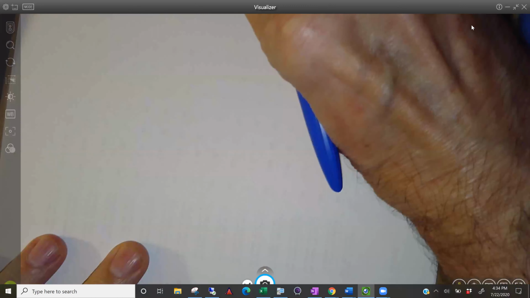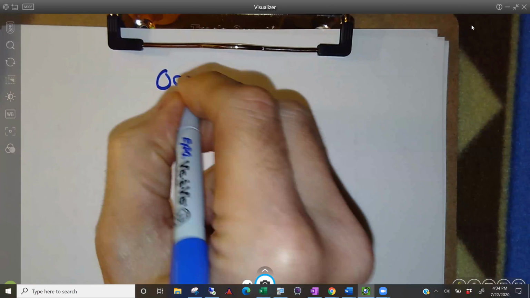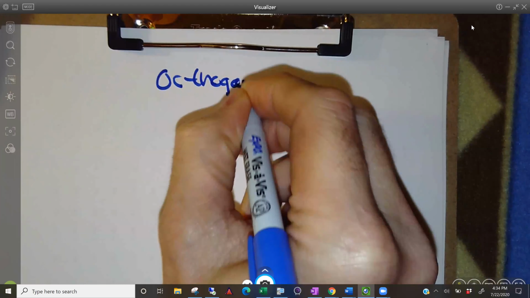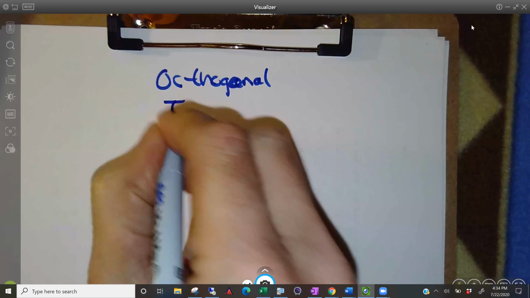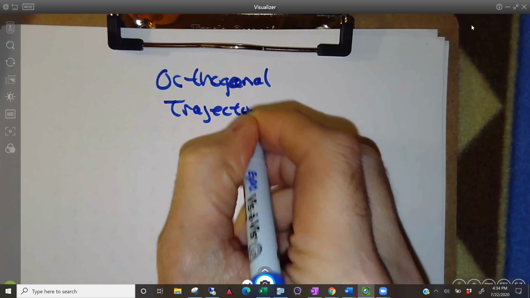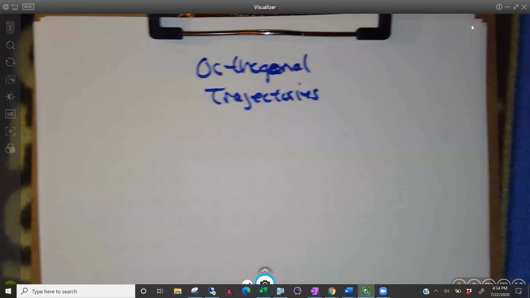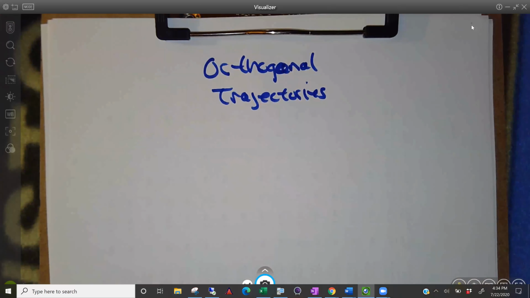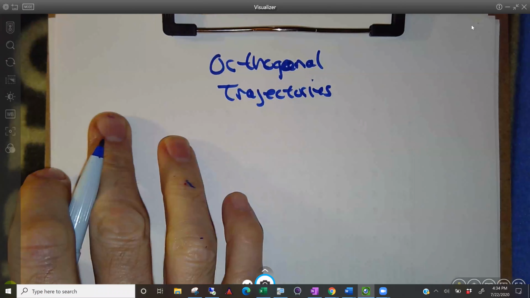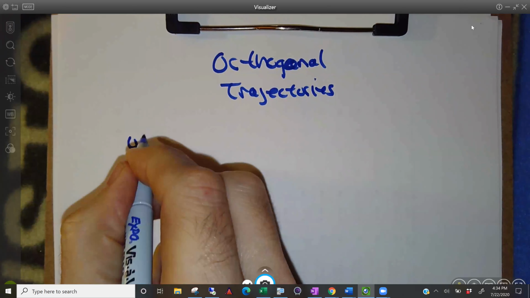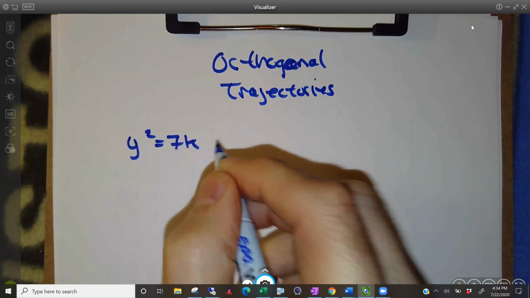All right. Let's knock off this one. Orthogonal trajectories. We're going to start out with y squared equals 7k x cubed.